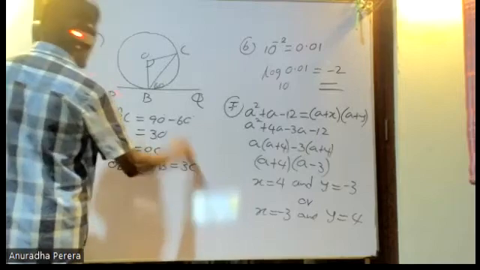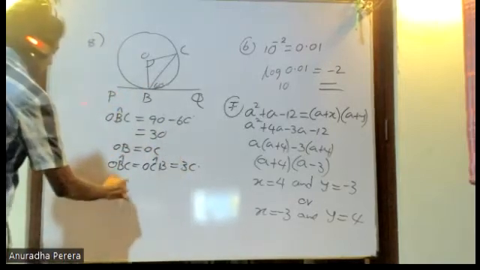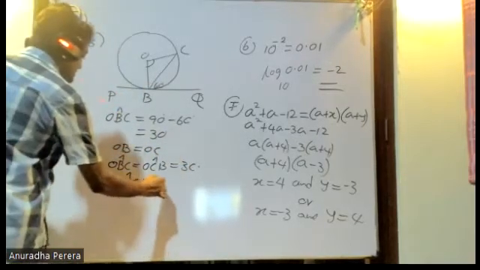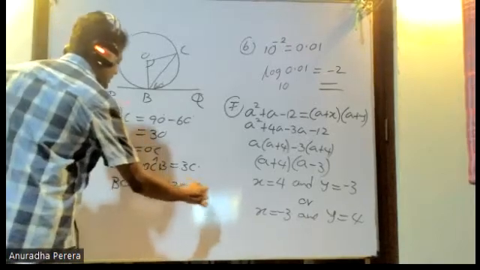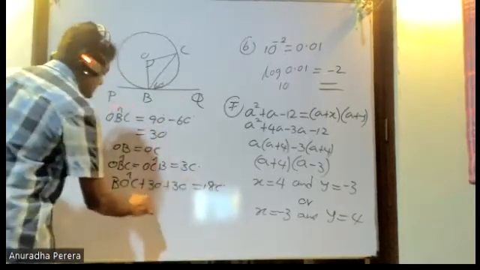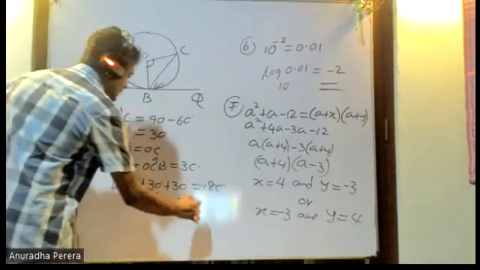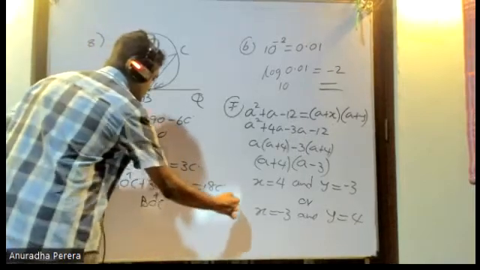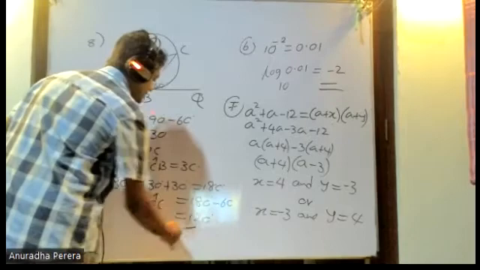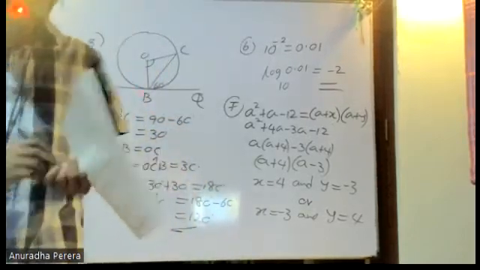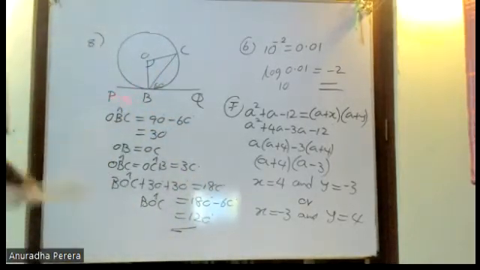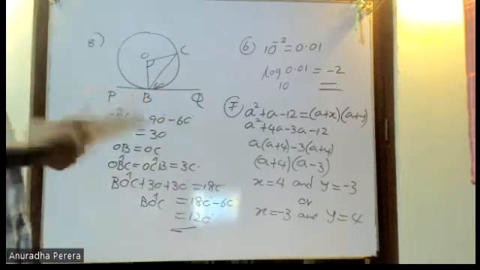Then BOC plus 30 plus 30 equals 180. BOC equals 180 minus 60, which is 120 degrees. Then question number 9.